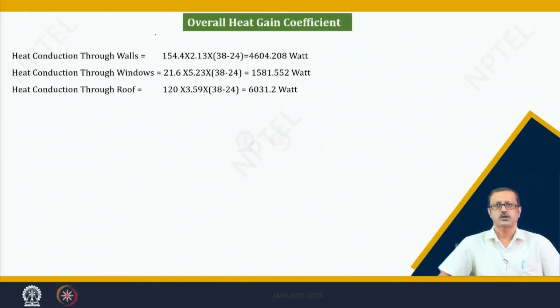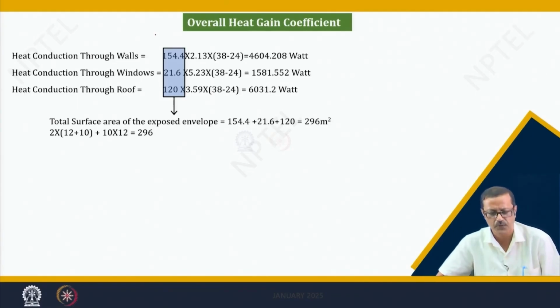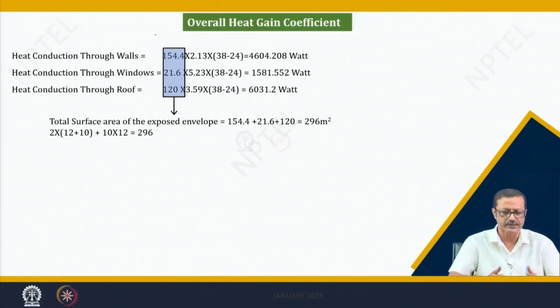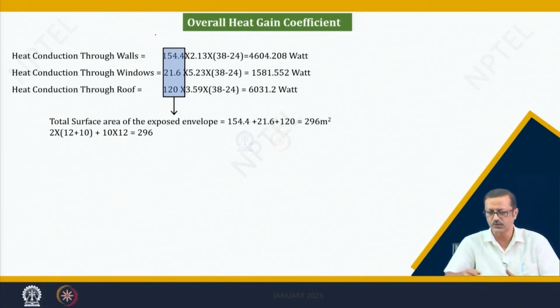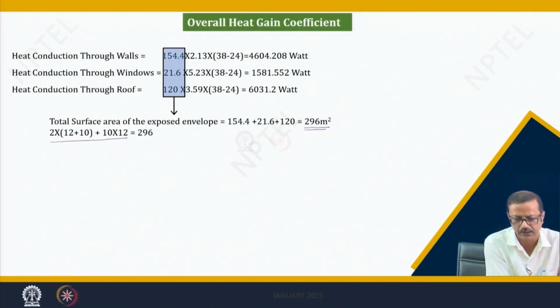Next is the concept of the overall heat gain factor. As we have just calculated, the first terms 154.4, 21.6 and 120 are the surface areas. If you add them, you will get 296, which is equal to the total envelope area.